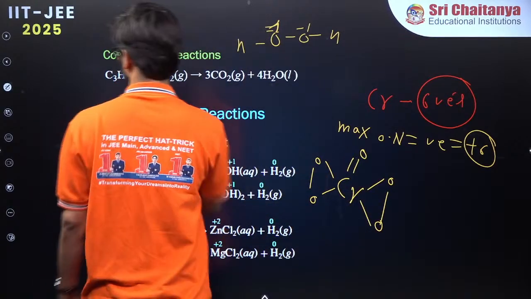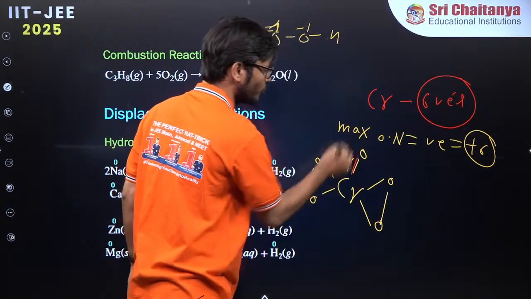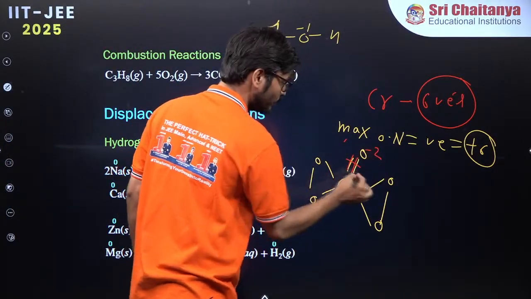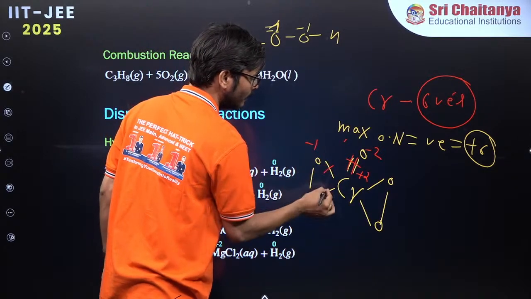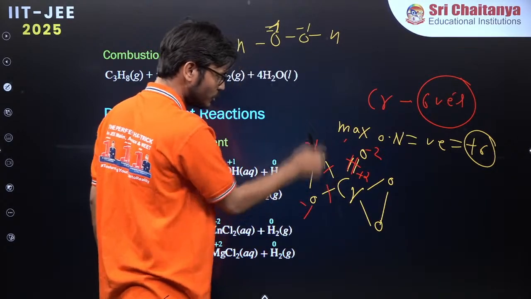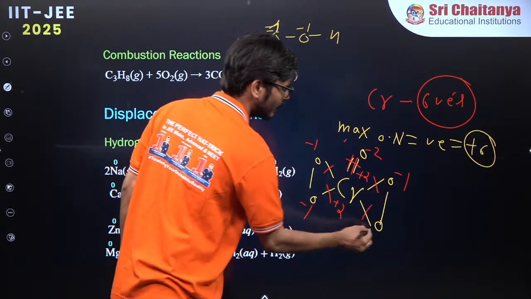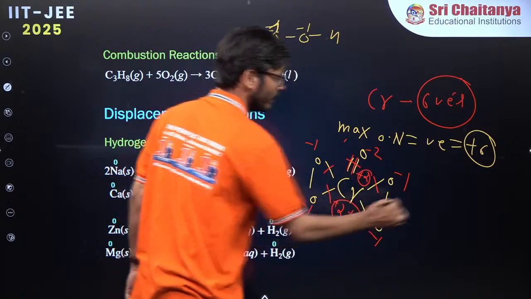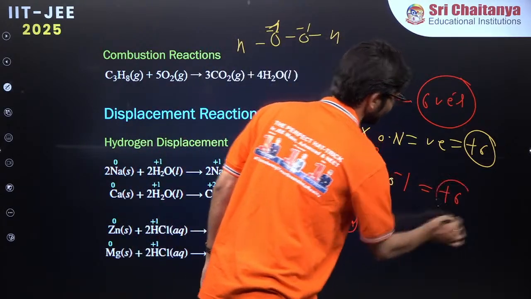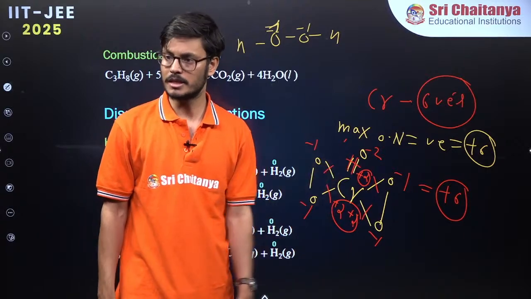Now if you check, highest 6 is possible, 6 से ऊपर जाएगा ही नहीं. How many bonds? 2 bonds. So this is minus 2 and this is plus 2. Now single bond minus 1, single bond minus 1, so due to these two, minus 1 plus 2. So plus 4 plus 2 is equal to plus 6. Oxygen-oxygen bonding, yes.